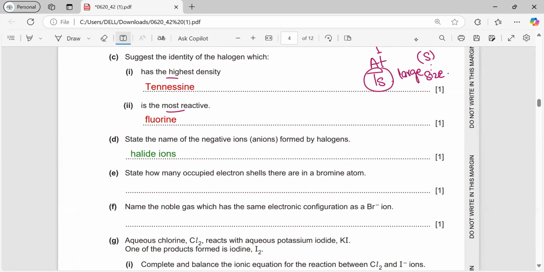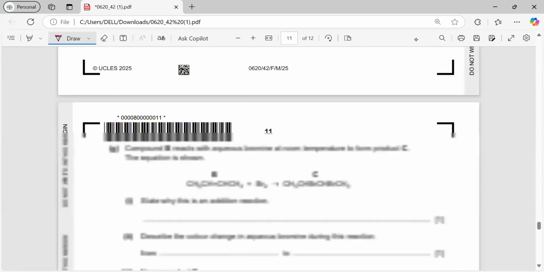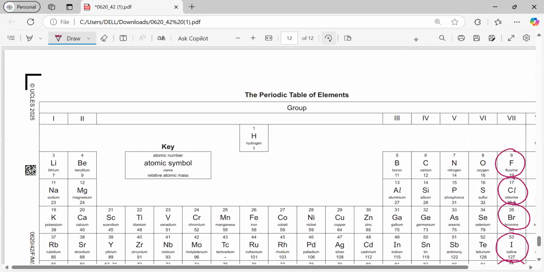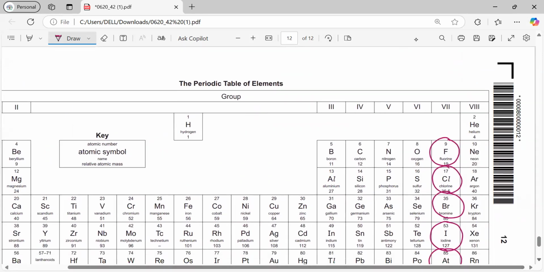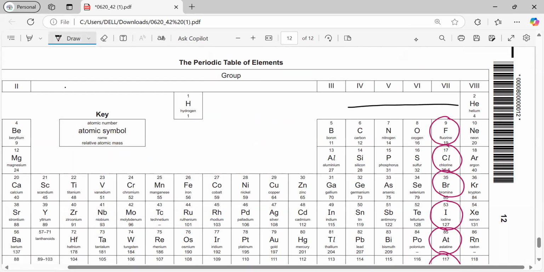State how many occupied electron shells are there in bromine atom. To identify the number of electron shells, we have to see in which period bromine is present, because the period number tells us the number of occupied electron shells. So if we go to the periodic table again, this is the first period, which contains only hydrogen and helium.